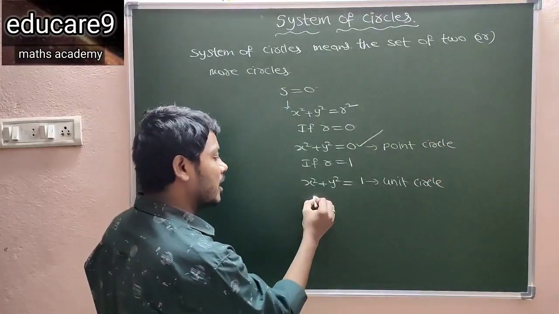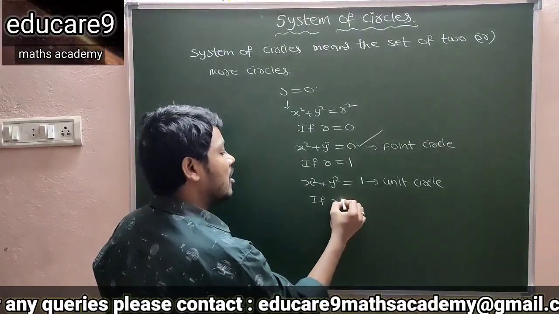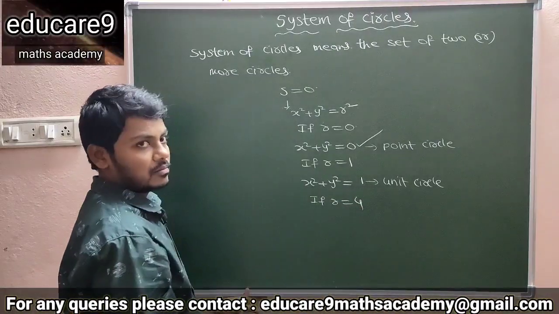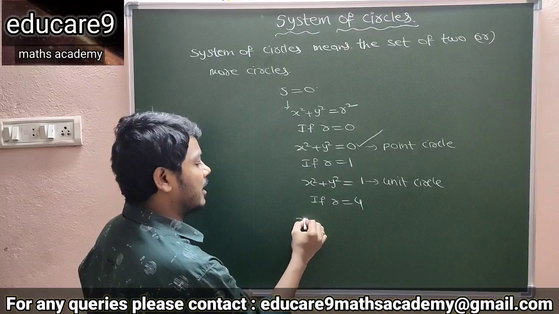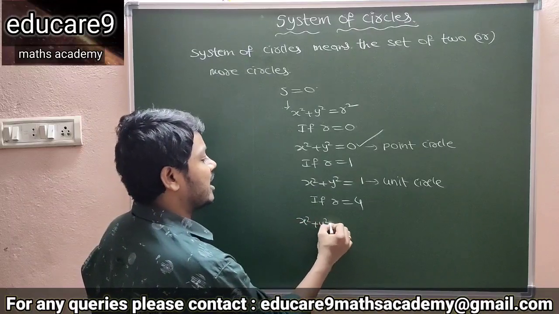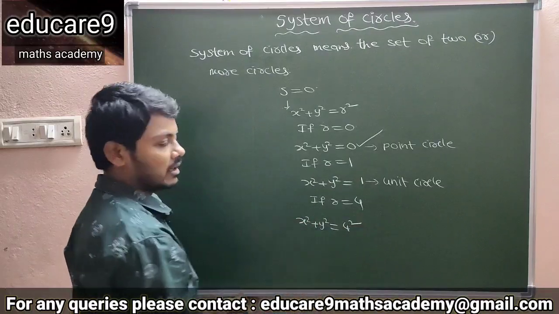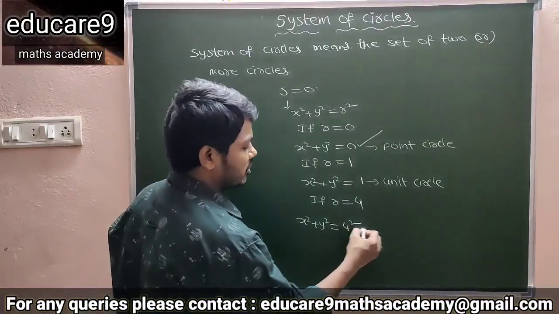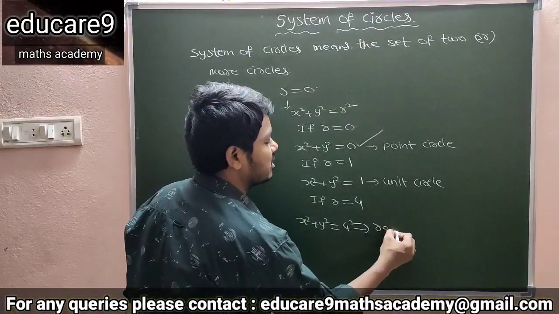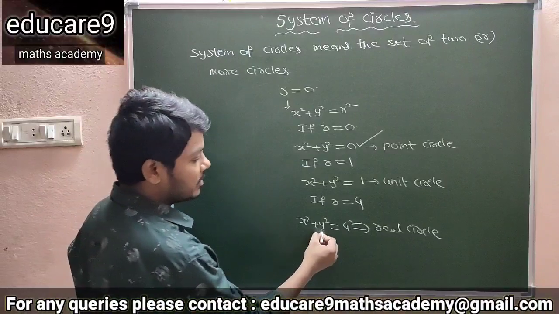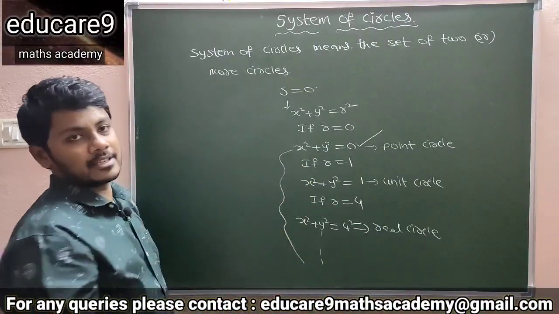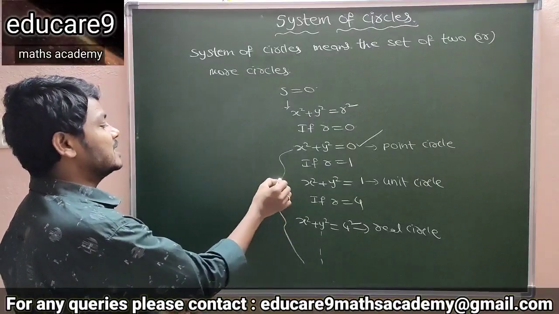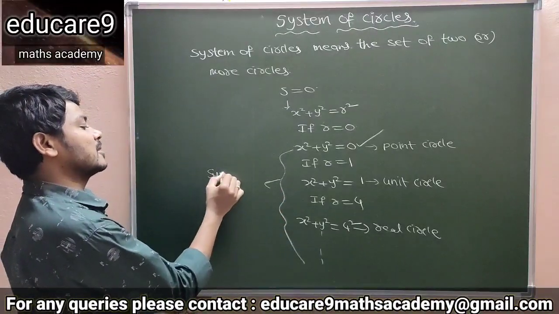For example, if r equals 4, then x square plus y square equals 4 square. So this is also a circle, simply a real circle, and so on. So the set of all circles is called a system of circles.